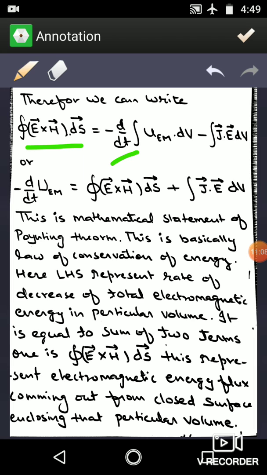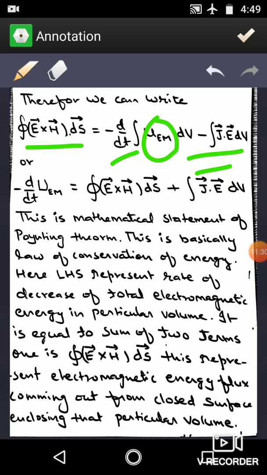And half epsilon E square plus B square upon 2 mu naught will convert into the energy density in the electromagnetic field, written as u EM dV, and the term J dot E dV is written as previously.